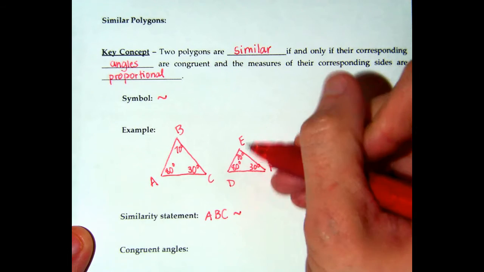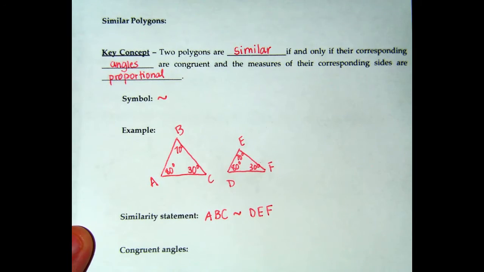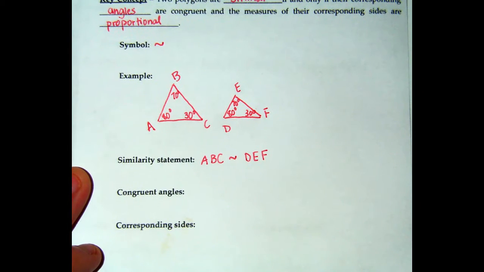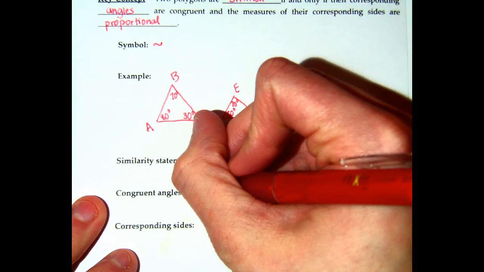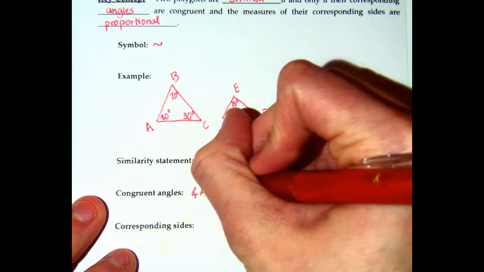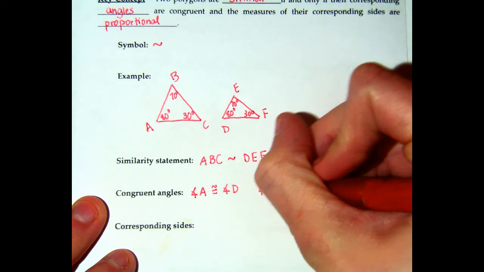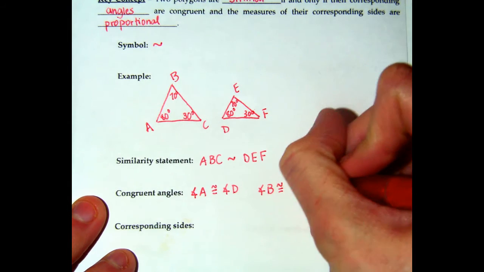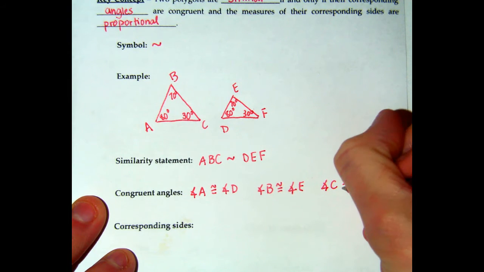ABC is similar to DEF. Our corresponding angles, or congruent angles, are angle A is congruent to angle D, angle B is congruent to angle E, and angle C is congruent to angle F.